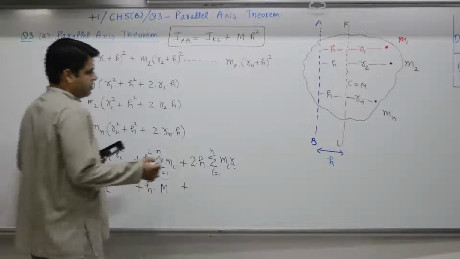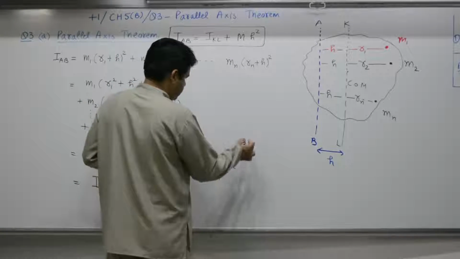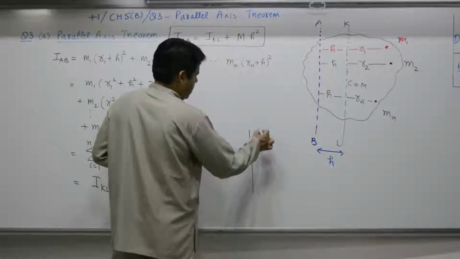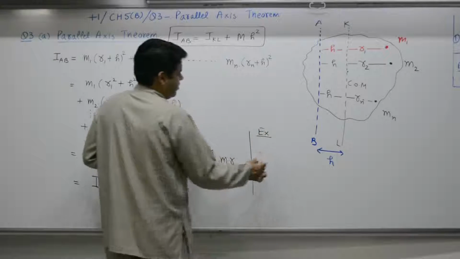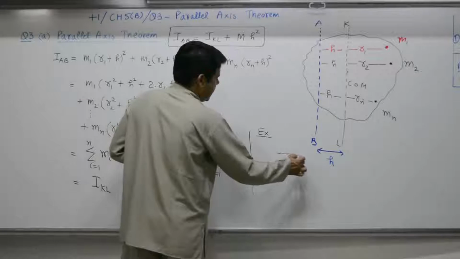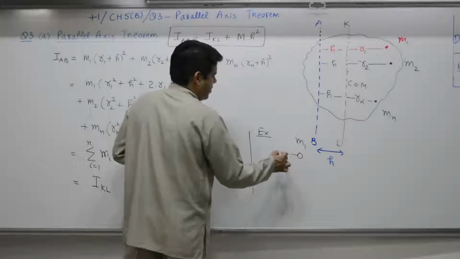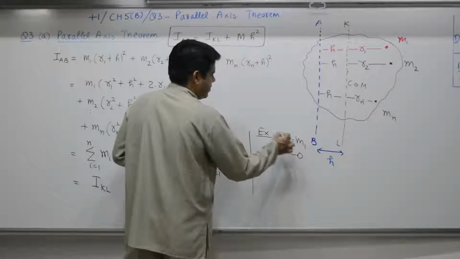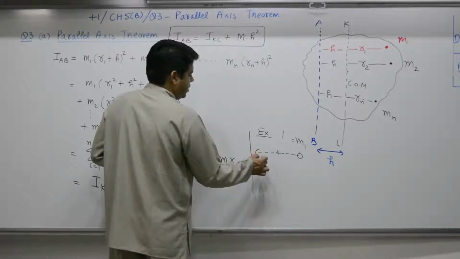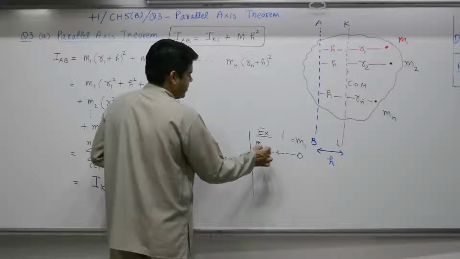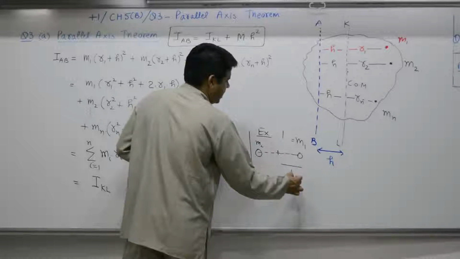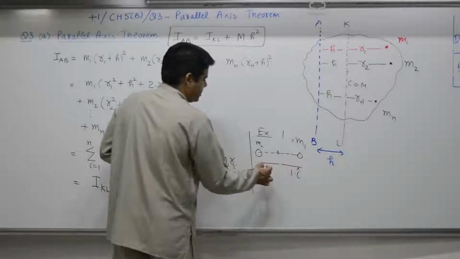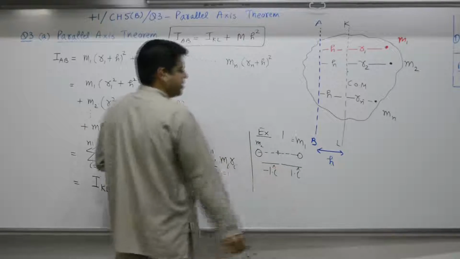Why? For example, one mass is m1, 1 kg. m2 is also 1 kg. This is at a distance 1 i, r1. This is at a distance minus 1 i.